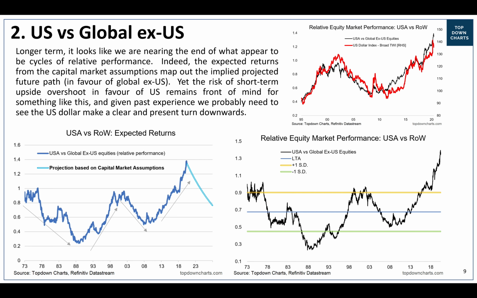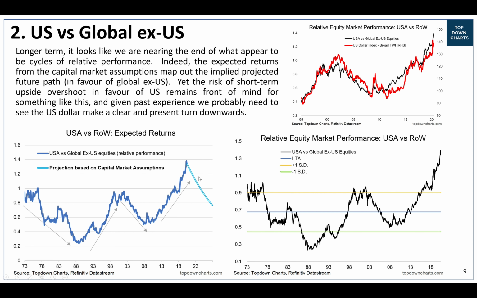But one thing that hasn't shifted that much is the relativities within the capital market assumptions. Because the prospective forward-looking return data for global ex-US is materially higher than the US, you would expect them to outperform over the next 5 to 10 years.